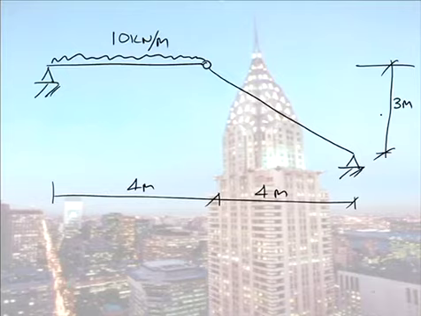I have a problem with the deflected shape. It's all tension on the bottom, and it's tension here. So from this point load, that pushes down. With this tension, it goes down.